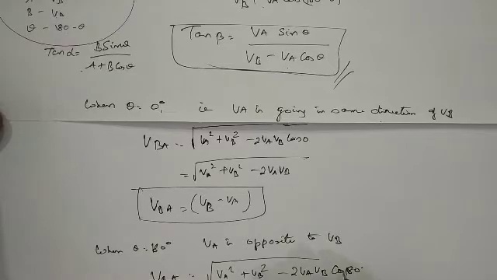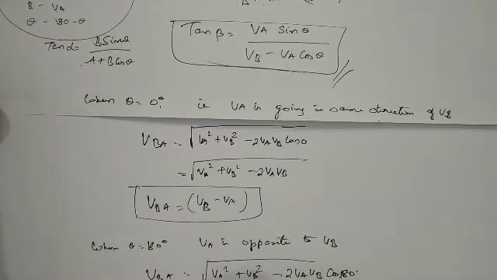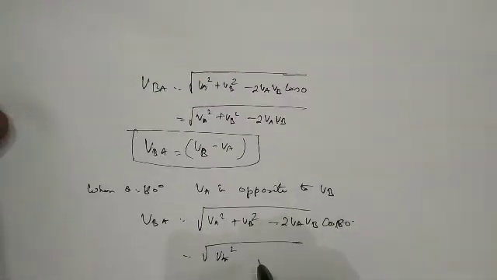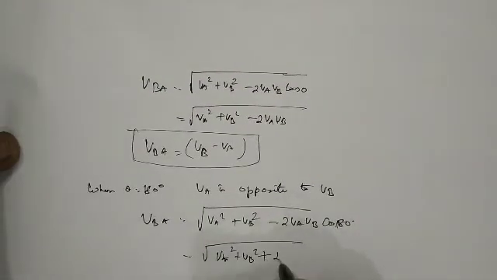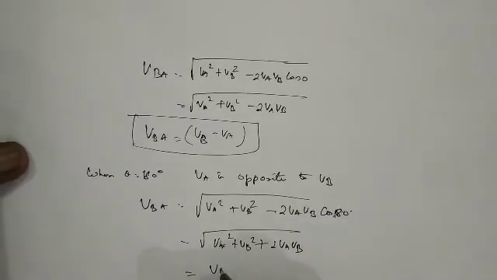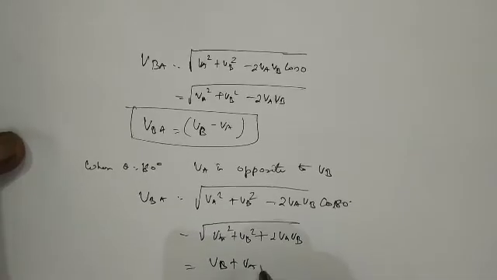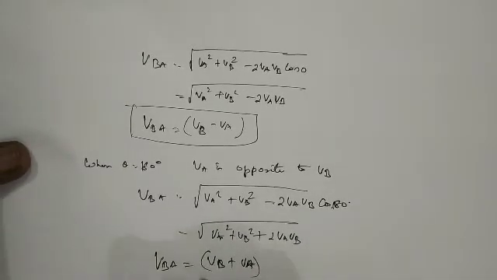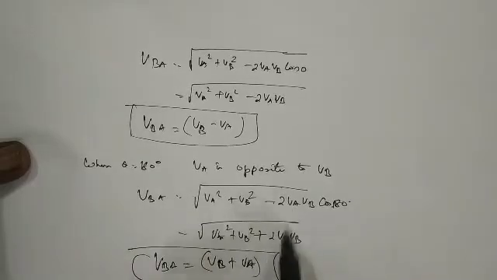Cos 180 is minus 1, minus times minus will become plus. So it is going to be equal to VA square plus VB square plus 2 VA VB. That will become equal to VB plus VA. That is VBA. So when you are going in the opposite direction, it gets added.